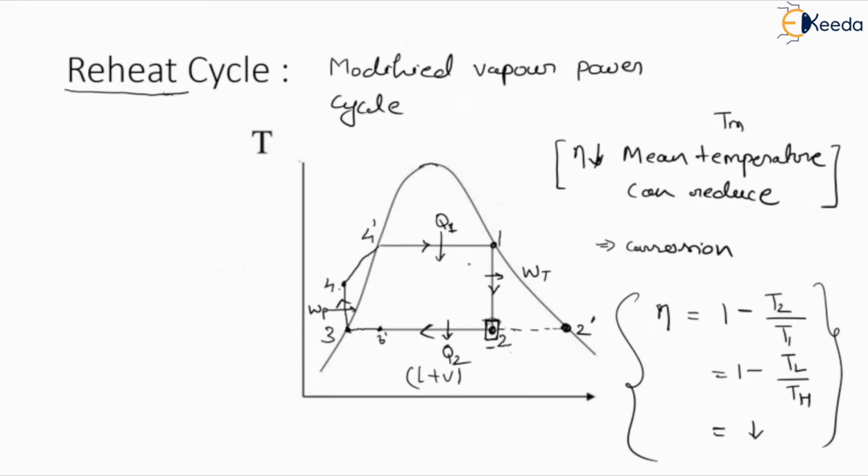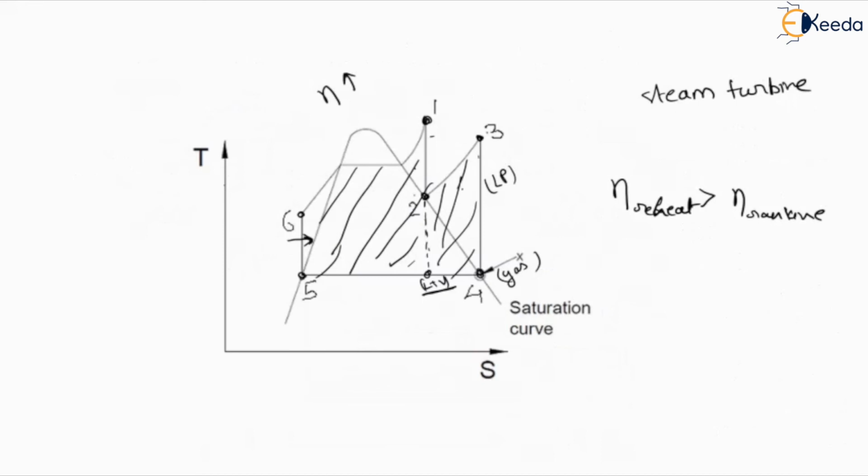in this simple Rankine cycle, if we see 1, 2, 3, 4, this is the simple Rankine cycle. Suppose for this particular cycle, I am writing 2 dash. So 1, 2 dash, 5, 6 is the simple Rankine cycle.